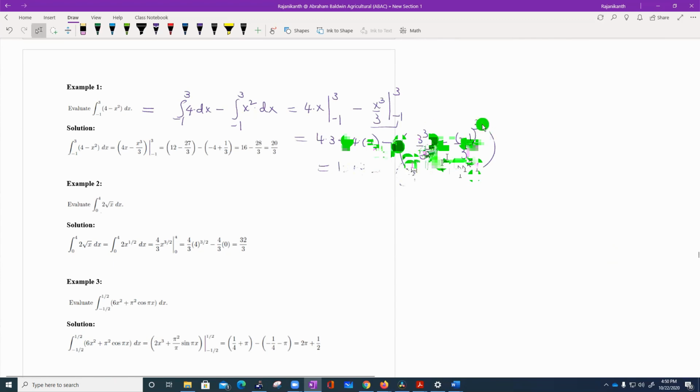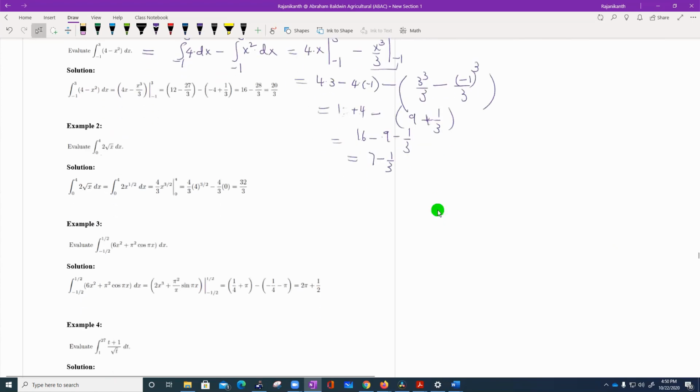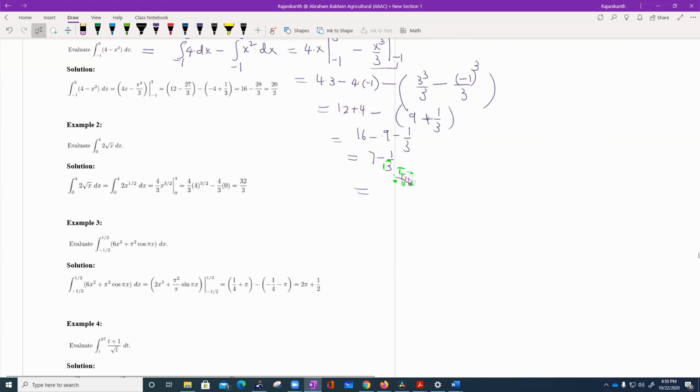Right? -1 cubed is -1. And this is positive 1 over 3. Then 12 plus 4 is 16 minus. Now you could distribute the negative sign outside. So 16 minus 9 is 7, minus 1 over 3. Okay. So that is 21 minus 1 over 3, which is 20 over 3.